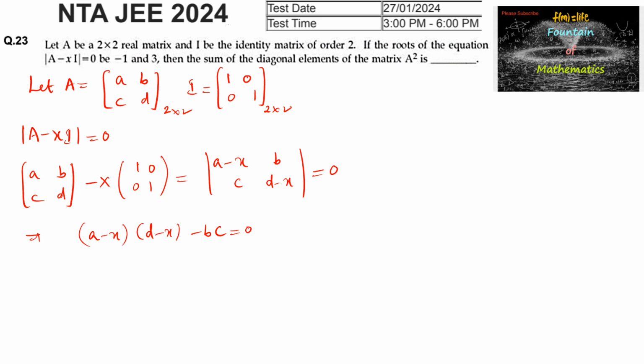that is ad minus x square, or this can also be written as (x minus a)(x minus d) minus bc is equal to 0, that is x square minus (a plus d)x plus ad minus bc is equal to 0.